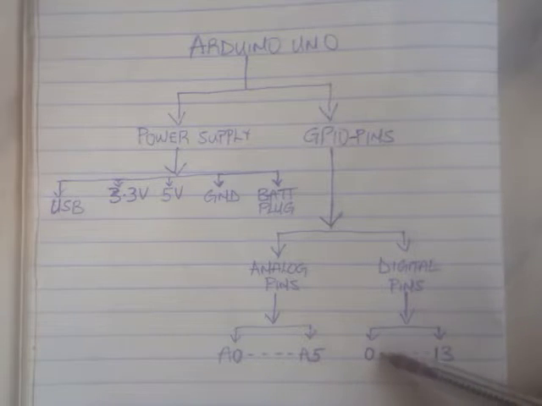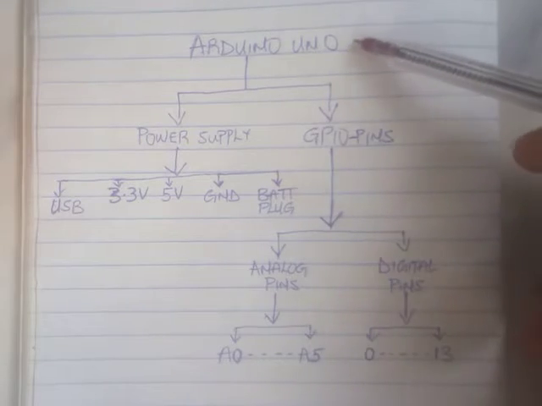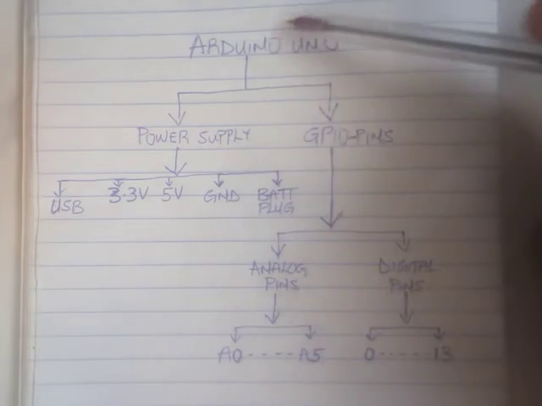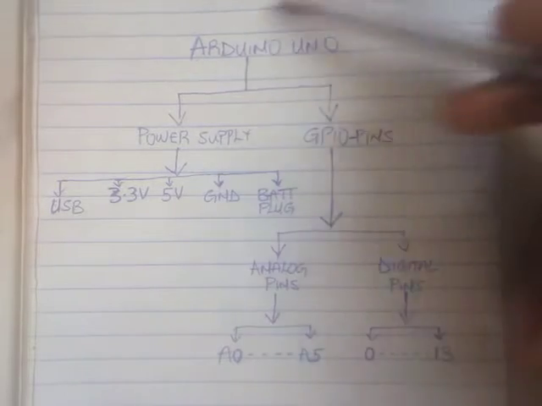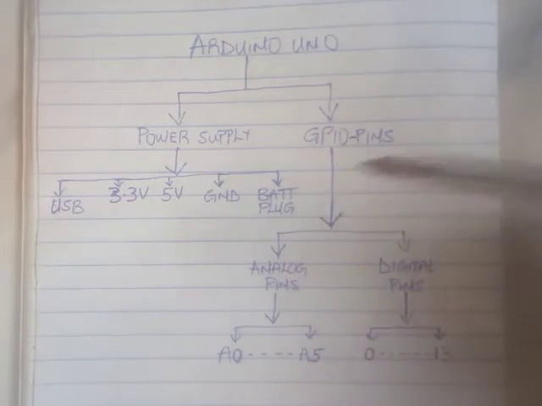That's pin 0, pin 1, pin 2, pin 3, pin 4, pin 5, and up to pin 13. So that's what constitutes the Arduino Uno board on a surface level.